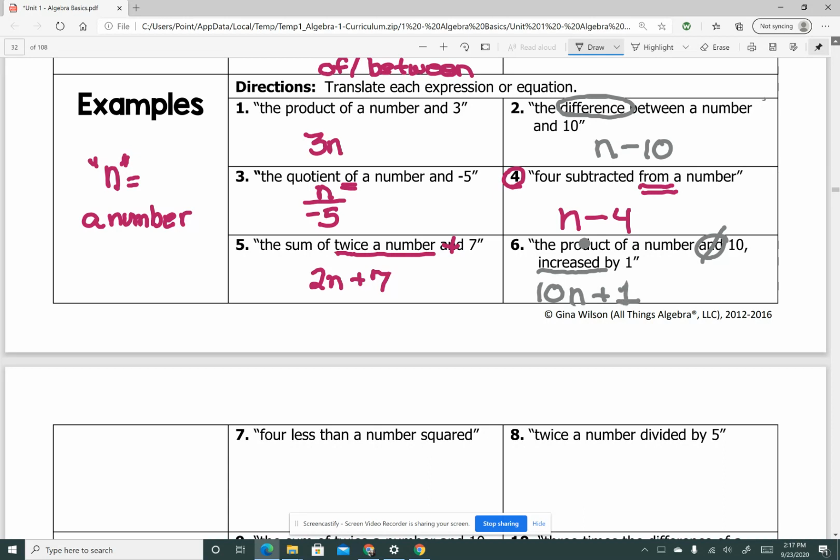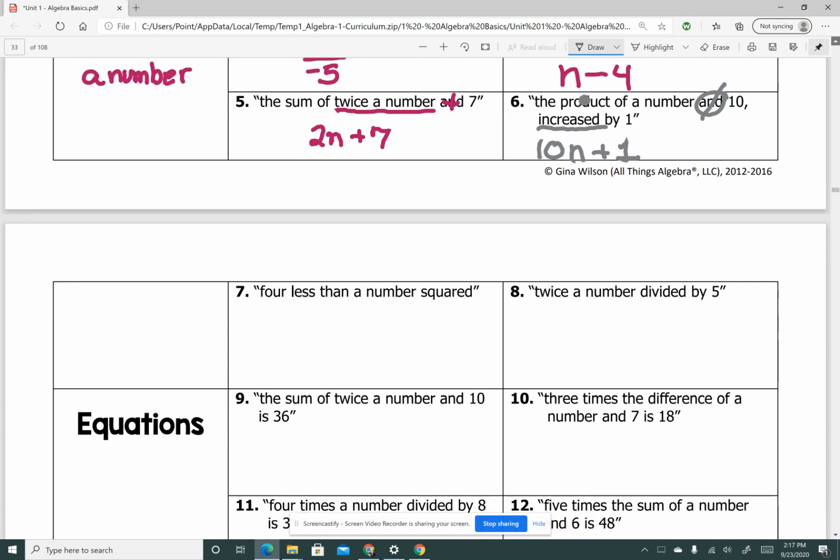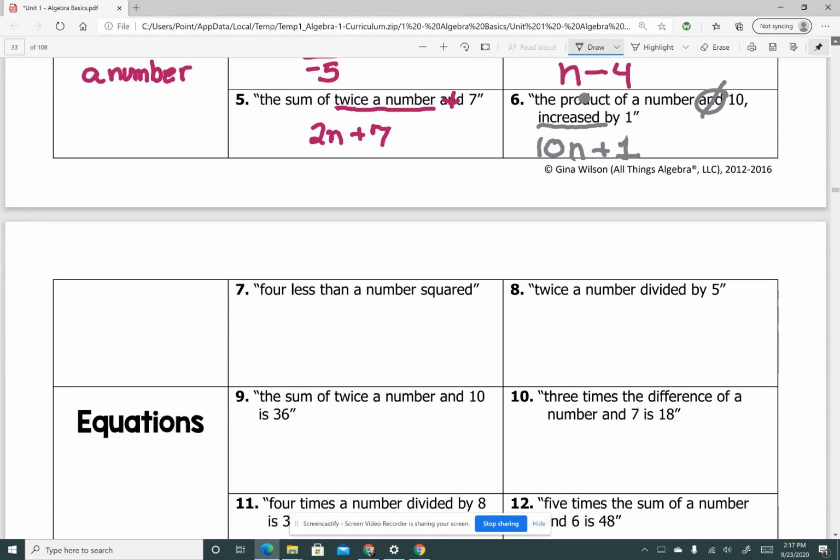When we say, let's bring the page up a little, for less than a number squared, the number is squared, the n is squared, and then we take 4 away. That's our difference. Again, a turnaround phrase here. Be very careful with these. Twice a number divided by 5 is 2n simply divided by 5.